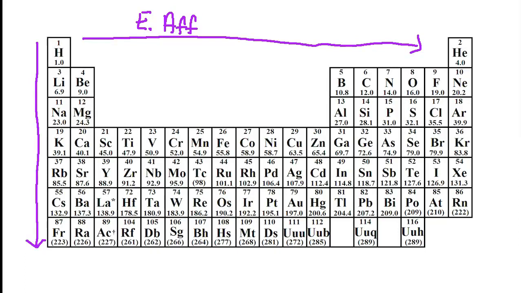Now, I will mention electron affinity has a lot of bizarre exceptions, so we're not going to get into all of those. The general principle or trend is what you're looking for here, which is fine. So electron affinity is going to decrease as you go down, and it's going to increase as you go across.